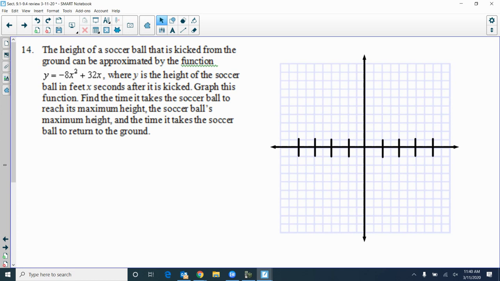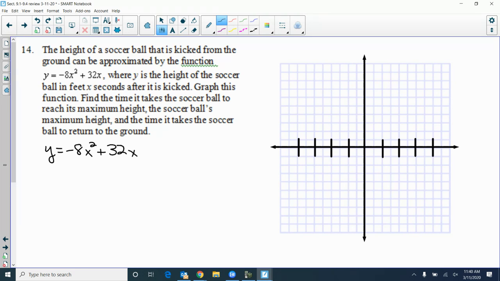All right, what do I need to find here? Do you know how to even do this problem? The vertex? Gotta find the vertex, exactly. So we gotta find the vertex. Now, the function is y equals negative 8x squared plus 32x. How do I find the vertex?